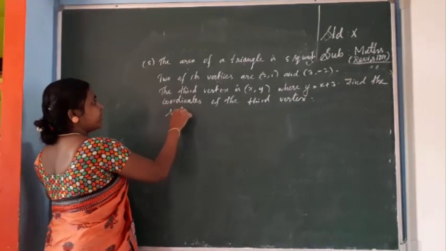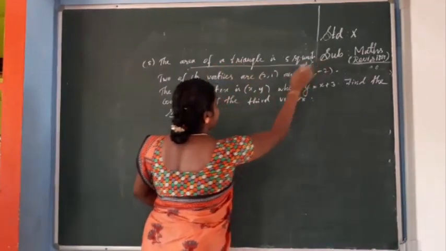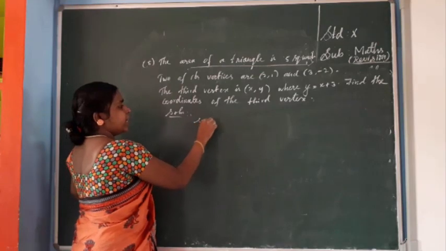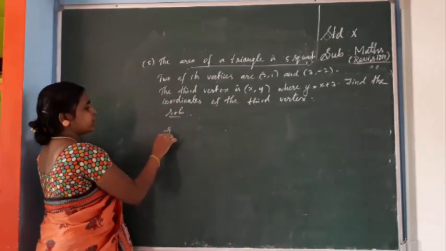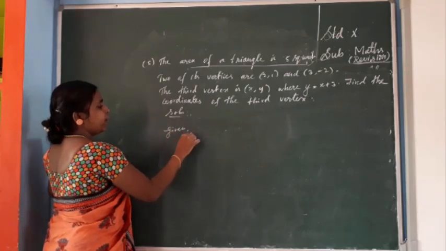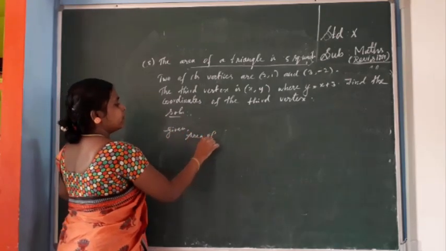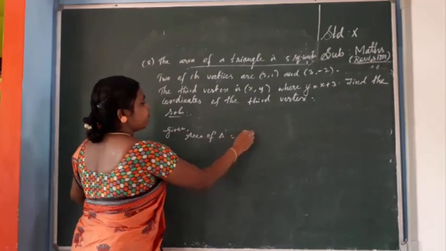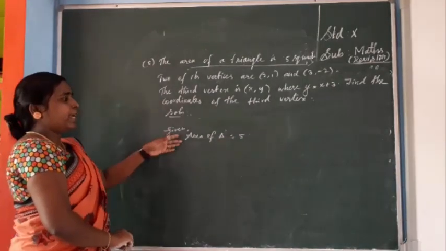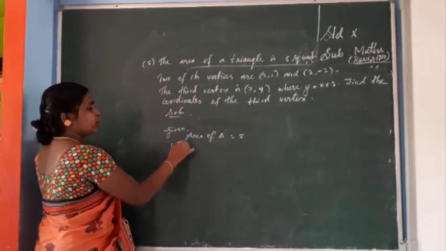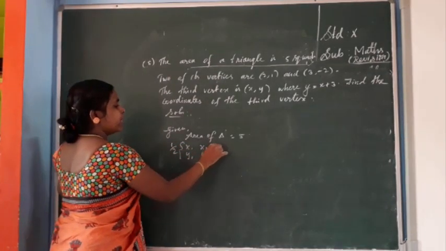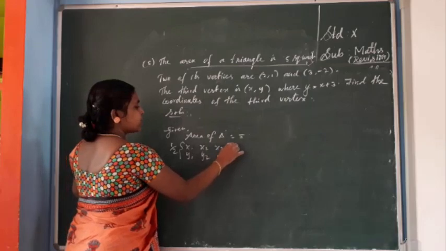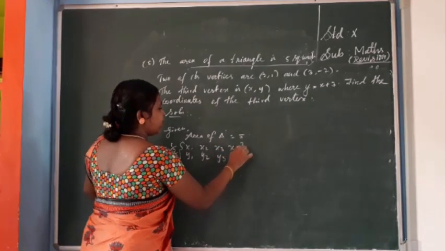So what is given? First, the area of the triangle. You have to write: given area of triangle equal to 5. You know the area of triangle formula: 1 by 2 into the determinant of x1, y1, x2, y2, x3, y3, x1, y1, equal to 5.